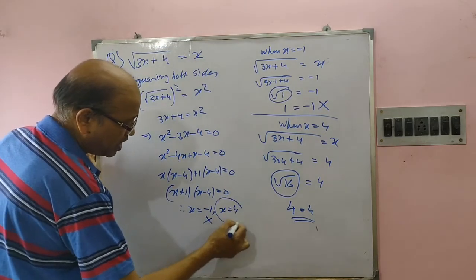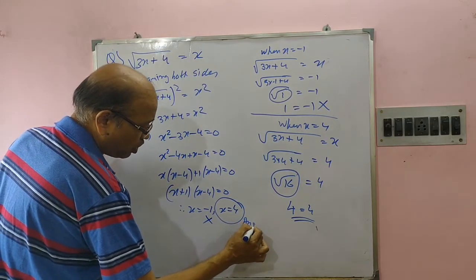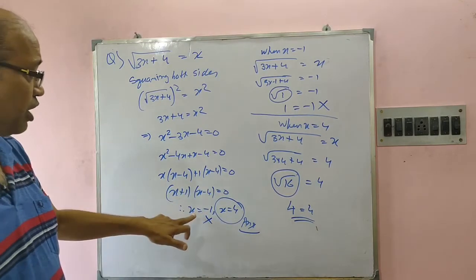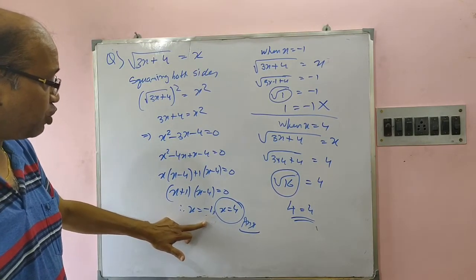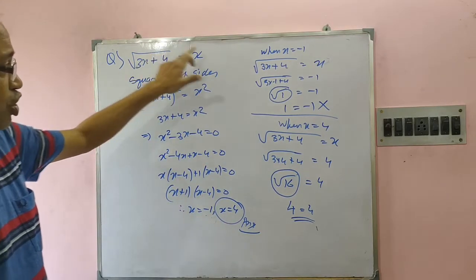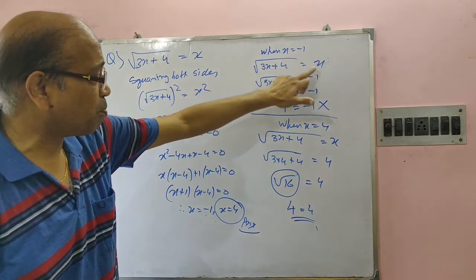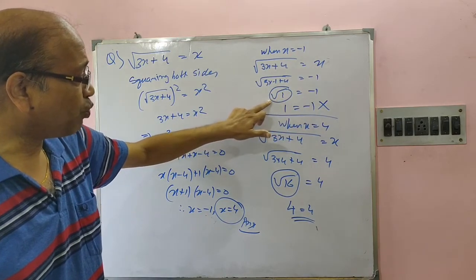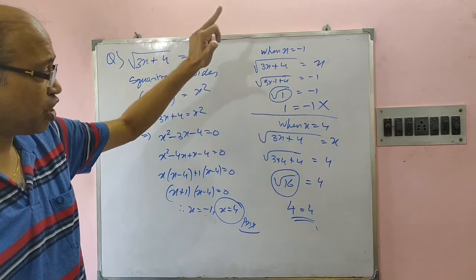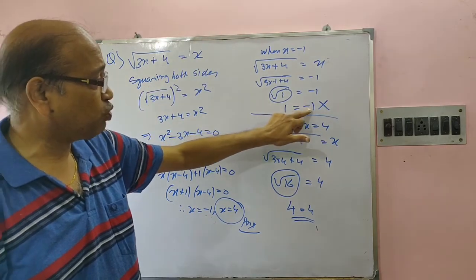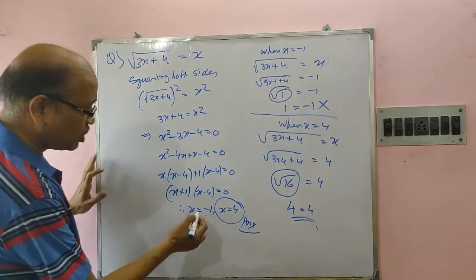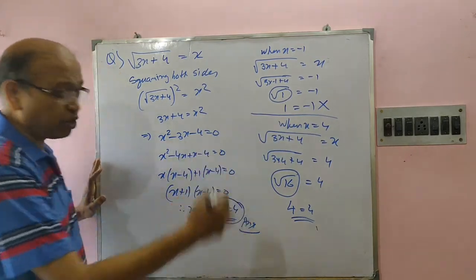Therefore my answer is x equals 4. Clear? Again I said, we have to recheck the values after finding them. We have to put the values in the equation and find out. So when putting x equals minus 1, I get root of 1, and we only take the positive value. Therefore here we find that 1 is equal to minus 1, which is incorrect. Therefore we do not take this value, but we take the other value.